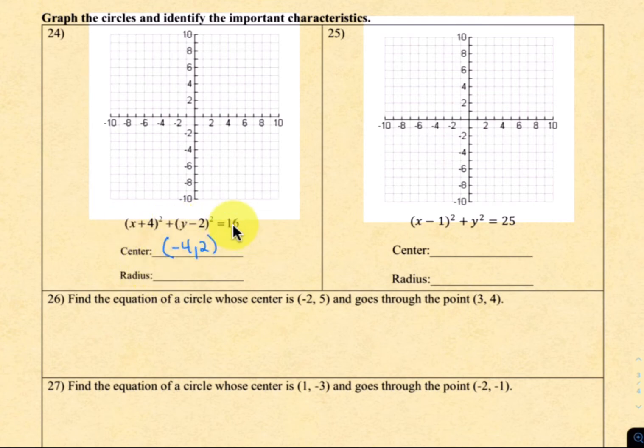The radius is the square root of 16, which is 4. Now we'll plot the center point, which is -4, 2. And that is here, -4, 2. And the radius is 4, so that means we'll go to the left 4, to the right 4, up 4, and down 4 from this center point. And we get these 4 corners of the circle, and now we can draw the circle.